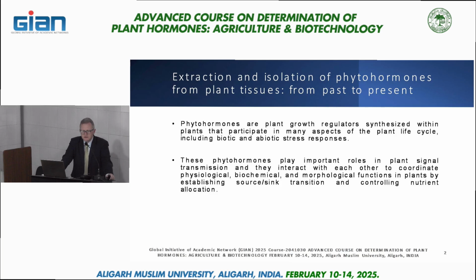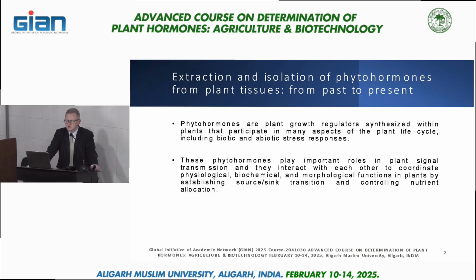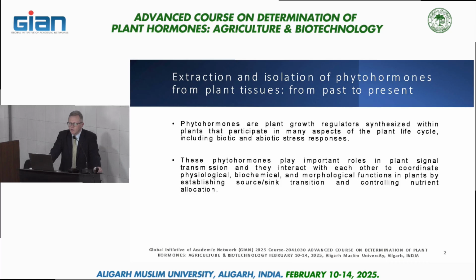The interaction between different phytohormones is highly complex, often involving synergistic or antagonistic relationships that fine-tune plant responses. Understanding these plant hormones and their role is fundamental to developing effective methods for their extraction and quantification.